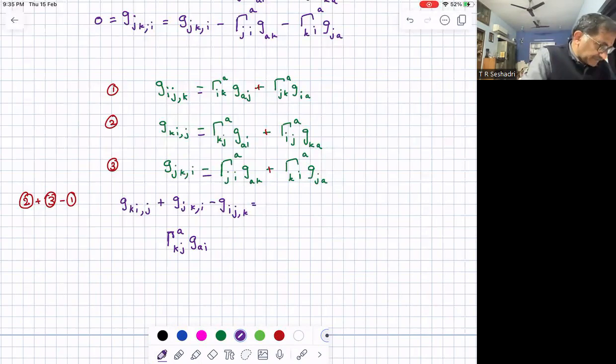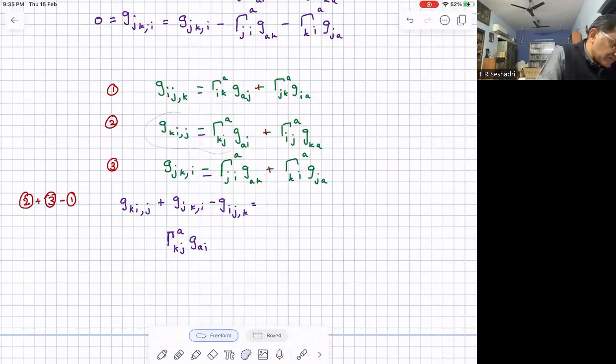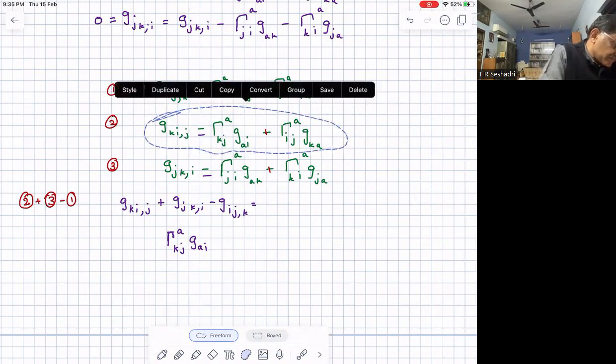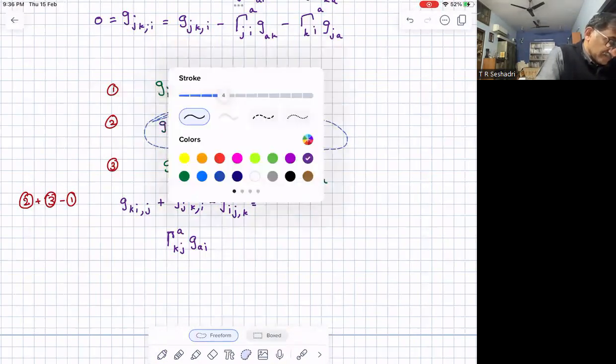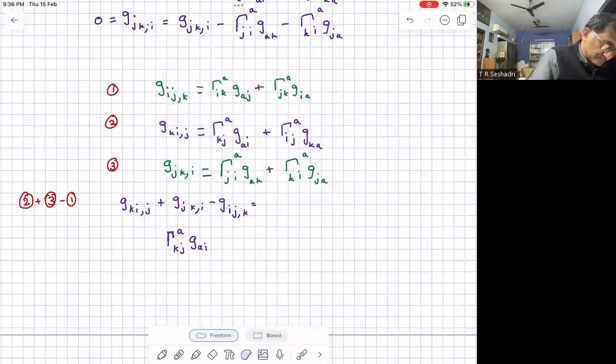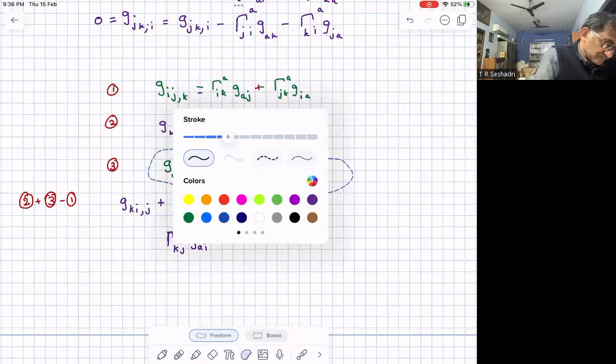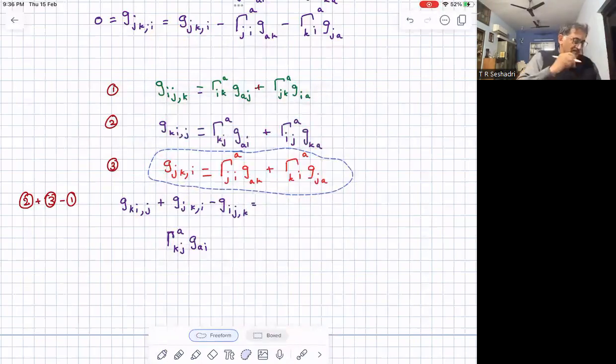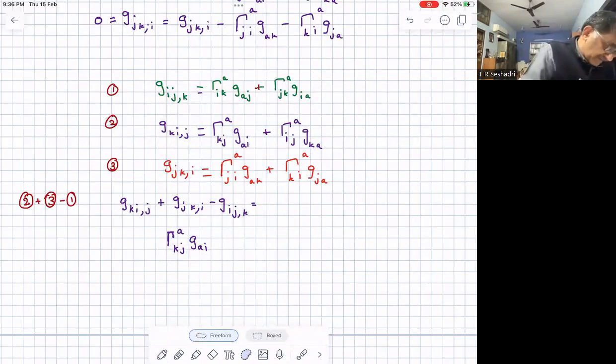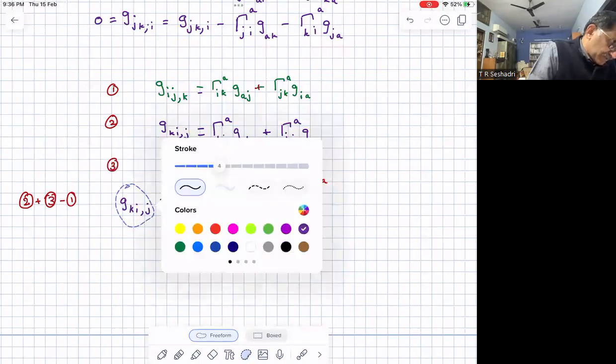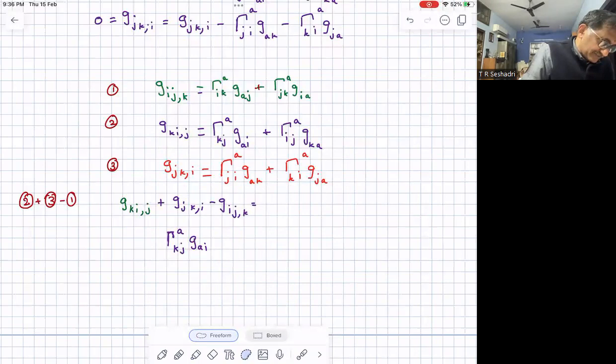Okay, let me just write it in a particular color so that it'll be easy to understand. Okay, and so now I will put it this way so that you can keep track of what term comes from where.